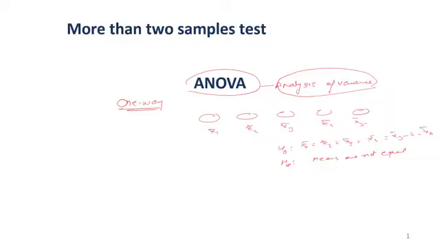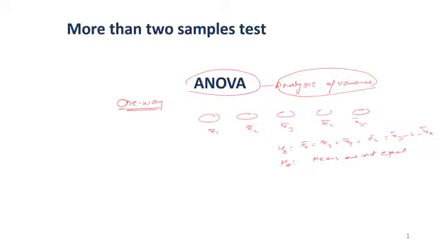I want to see whether everyone in my team is working similarly or whether there is some difference. There I can apply ANOVA and conclude whether utilization across all my team members is the same or not.